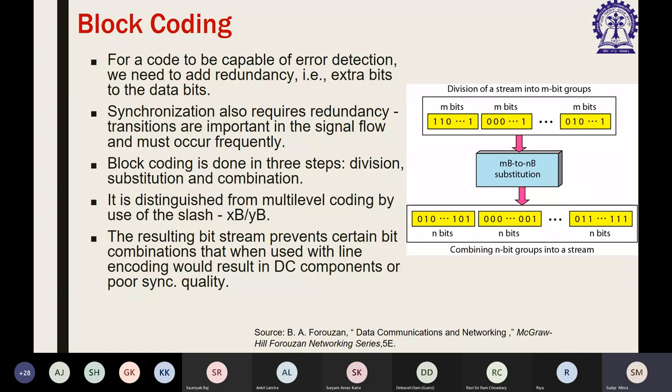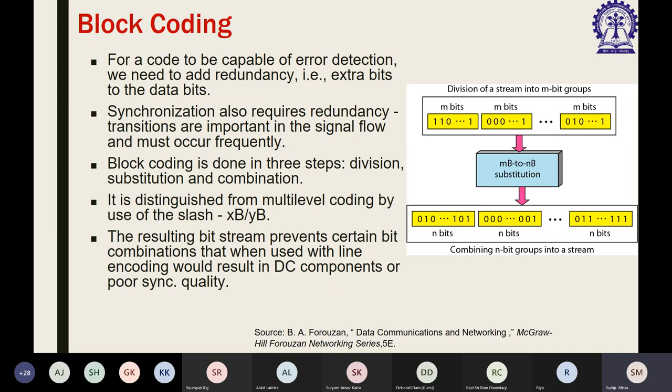Now for error detection, or for the synchronization aspect that we have discussed in the last class, whether for synchronization or for the error detection, you need some extra bits. You need some redundancy. You need to add some extra bits to the original data bits that contain the actual data, right?